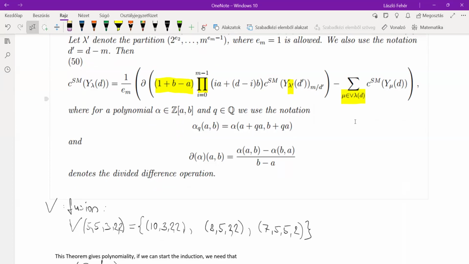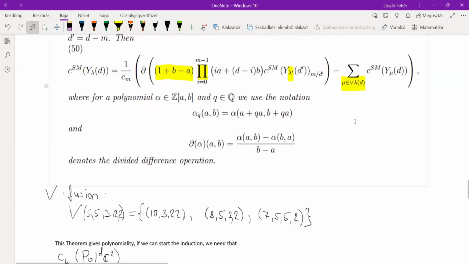What is important is that the same way as we proved the polynomiality for the cohomology class, by induction here you can also prove that even these coefficients of the CSM classes are polynomials. But there is one little problem at the beginning, that you have to start.